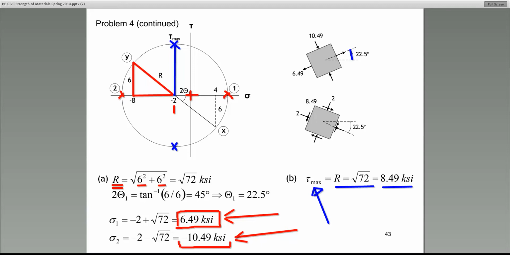That's just a function of how we created the circle. All right? So that's why you see 2 theta versus 1 theta. 1 theta is the angle on the state of stress. The corresponding angle on the circle would be twice as much. I hope that answers your question. And Helen, yes, the answer to your question is correct. Is yes. All right, guys.